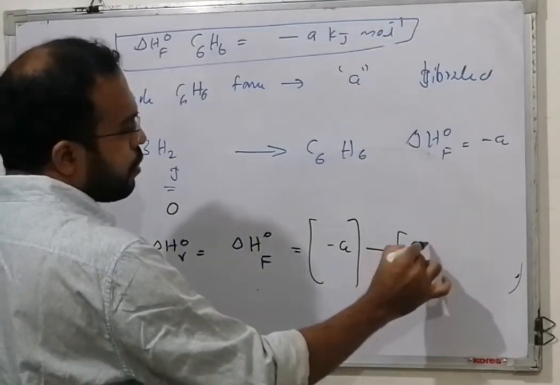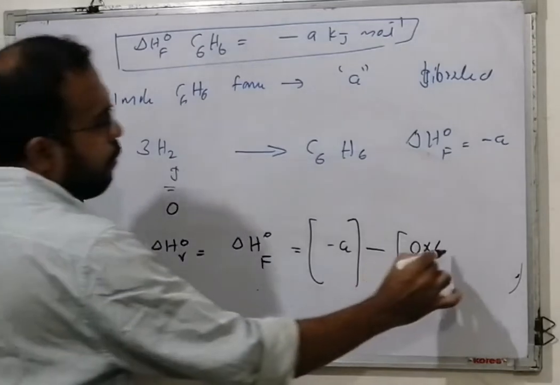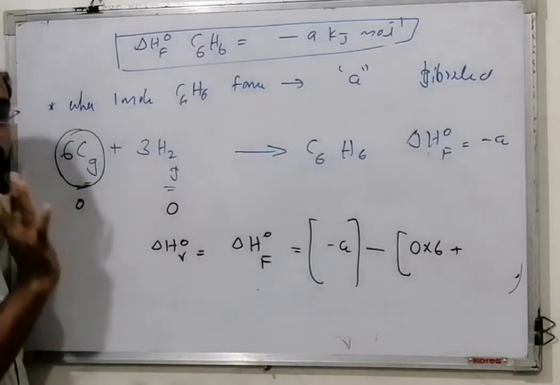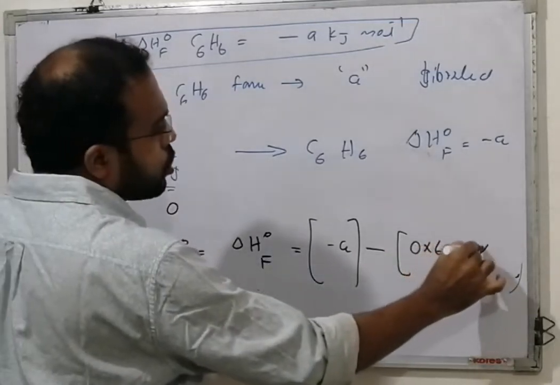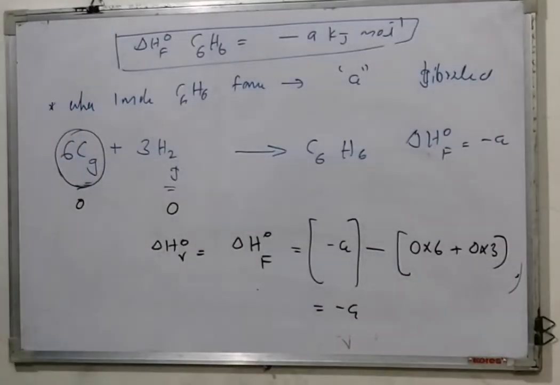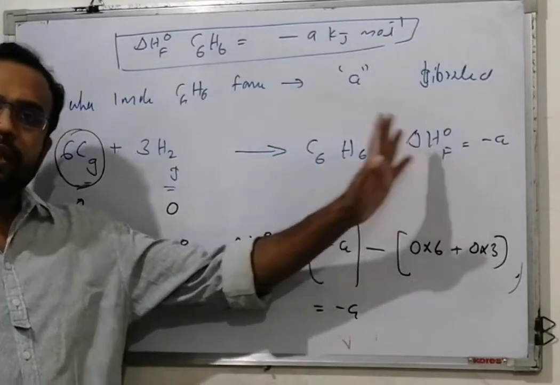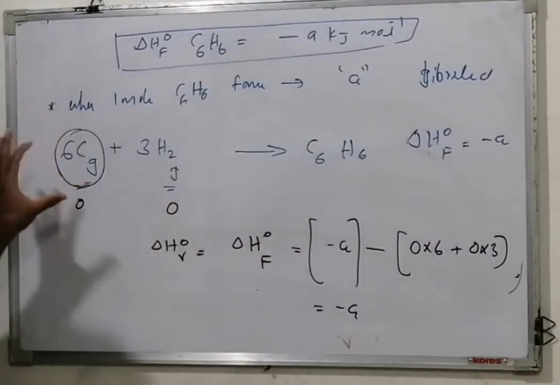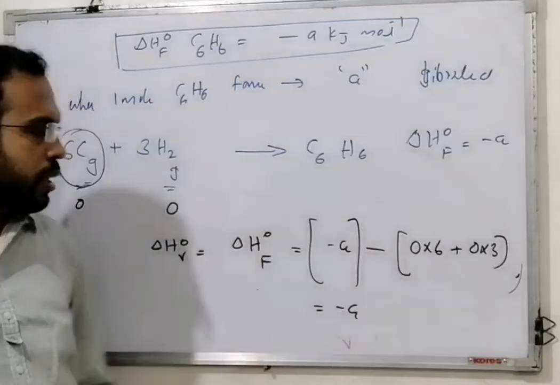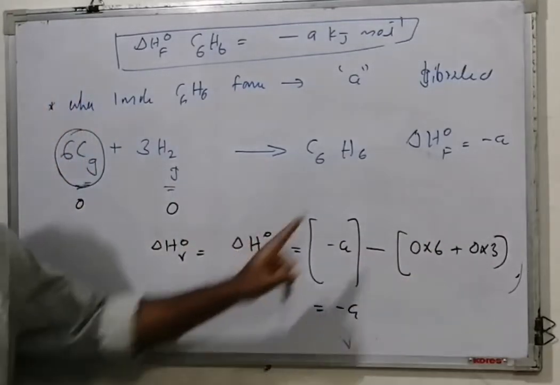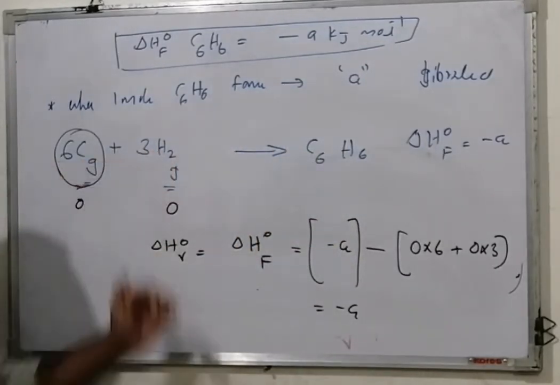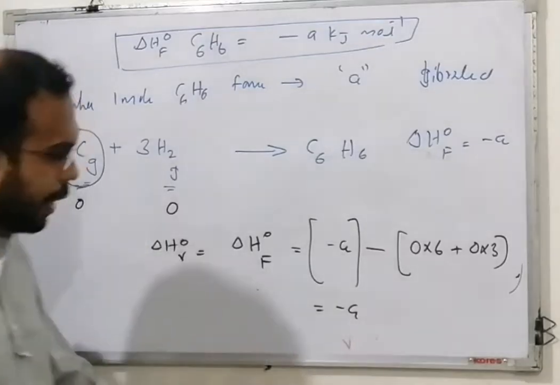It's a pure element, therefore 0 into 6, that is 0. What is delta H0 formation of hydrogen? It is an element. For an element, delta H0 formation is always 0, therefore 0 into 3. Therefore, this is minus A, which is delta H0 of reaction. This value becomes delta H0 formation of benzene because these are zeros, arbitrarily fixed as zeros.